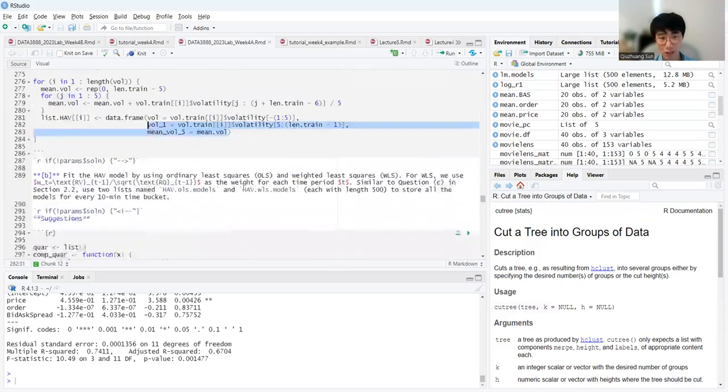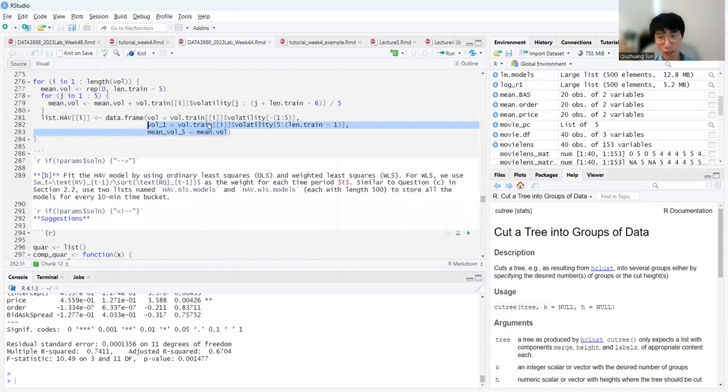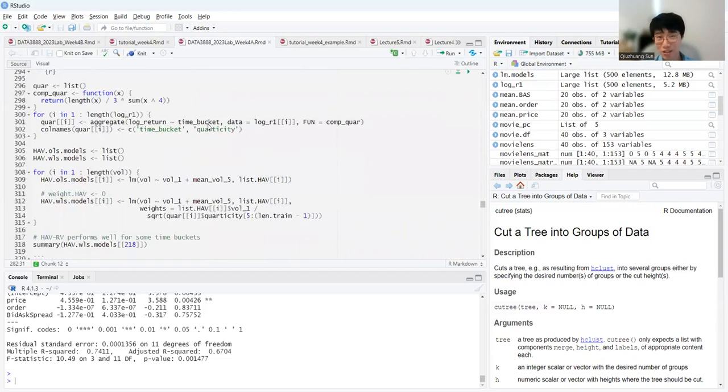Okay, then with this data matrix, I can now use linear regression to fit the model. Remember, HAV is a time series model, but essentially it does linear regression. The simplest way to do regression is to use ordinary least squares. So here I say this is our y, our response, the realized volatility.